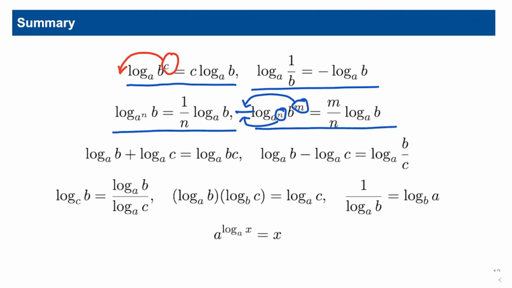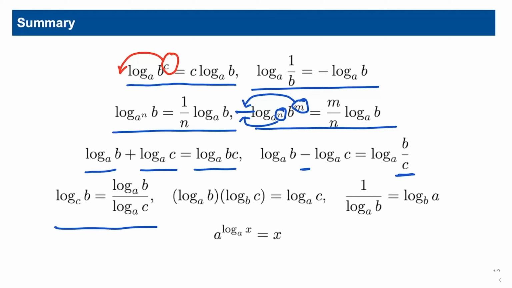Then log base a of b plus log base a of c equals log base a of the product. If we have a negative sign instead, then we have a quotient. This identity is very useful. It changes the base to the same thing for the numerator and denominator. Log base c of b equals log base a of b over log base a of c.